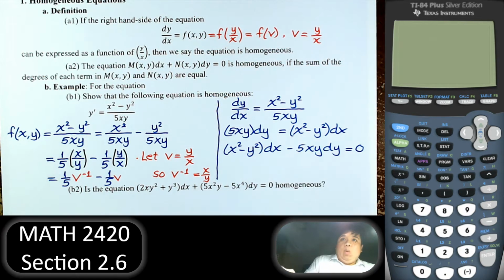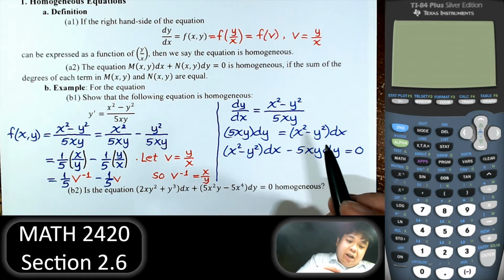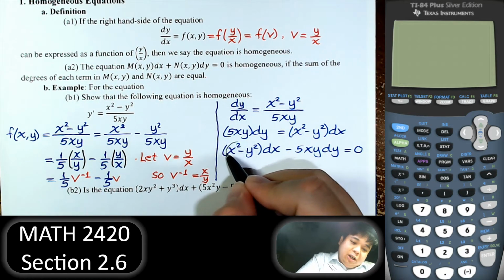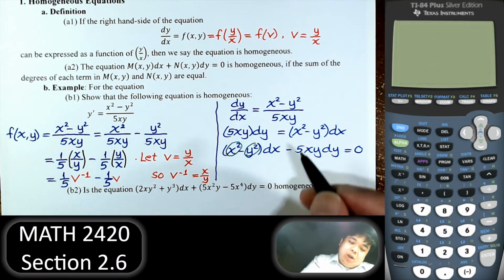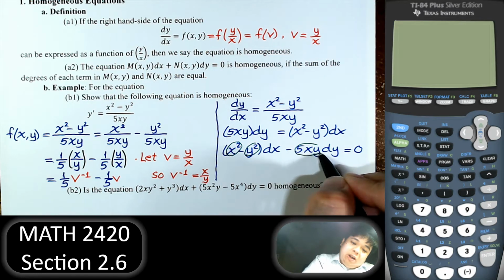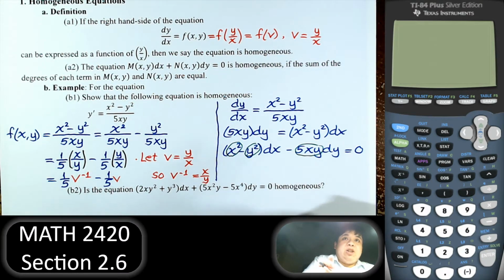Now when we write the equation in the form with dx and dy, we see the degree of each term. We look at this one, we have x squared, degree is 2, y squared, degree is 2, and then the 5xy, x to the first, y to the first, multiply together, degree is 2. So all of them have degree 2. So that means it's homogeneous.